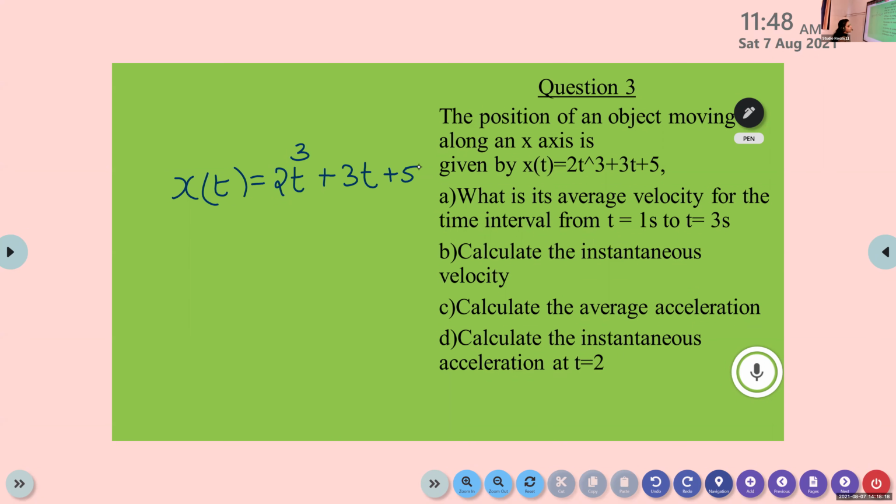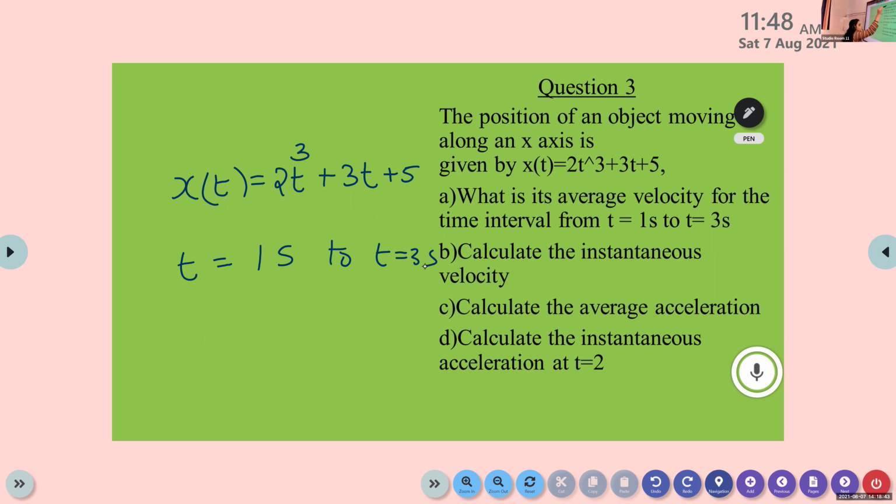What is the average velocity for the time interval from t is equal to 1 second to t is equal to 3 seconds? Second sub-question, calculate the instantaneous velocity. Third sub-question, calculate the average acceleration. And the fourth sub-question, calculate the instantaneous acceleration.